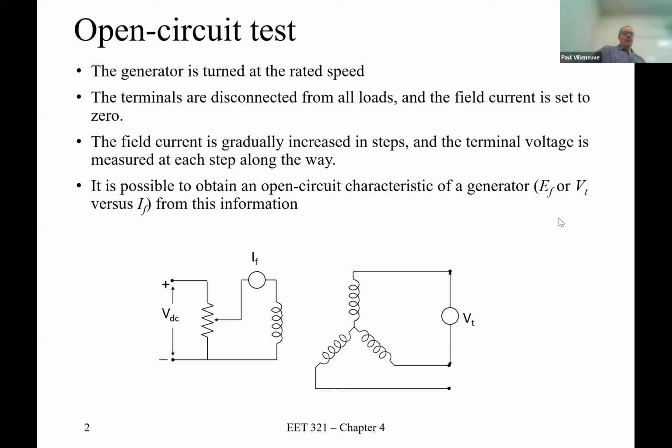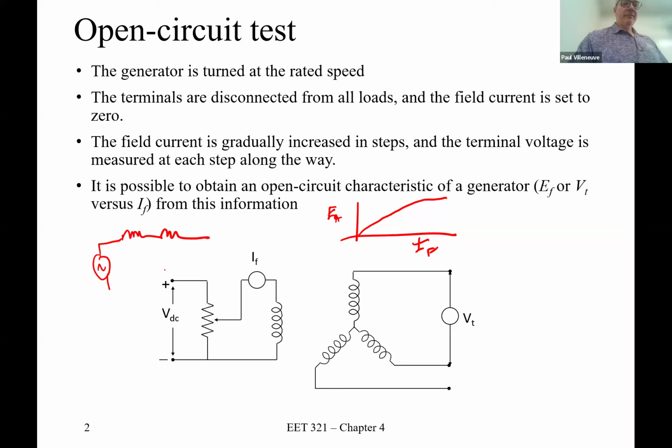We're going to plot a curve that looks like this: IF, and this here is EA. Why do we call that EA? Well, remember our equivalent circuit: this is jXS, this is RA. If there's no load on there, I can measure this terminal voltage.